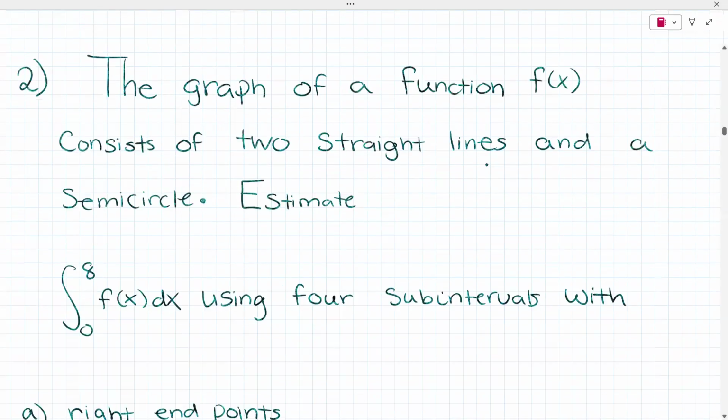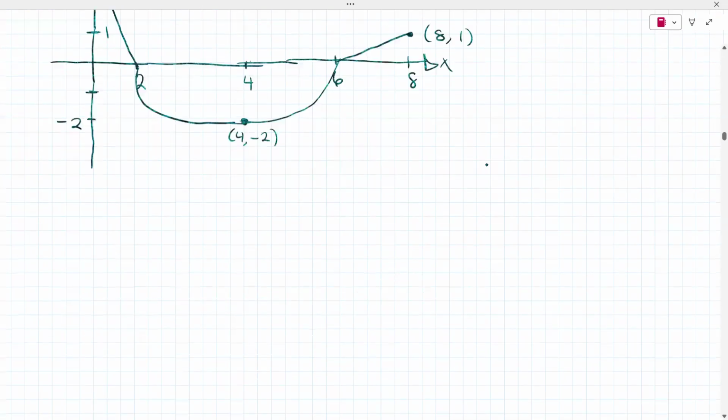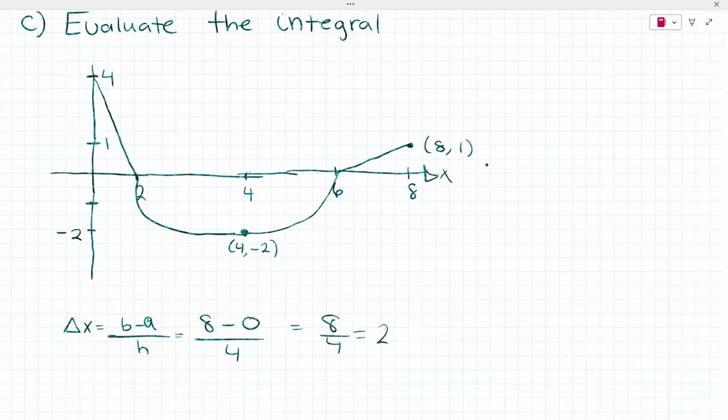So we have to do Riemann sum. So here's our graph. So what I'm going to do first is find my delta x. My delta x is b minus a all over h. My b is 8, the largest. My a is a starting point that's 0, and my height is 4. So that's going to give you 8 over 4, which is 2.